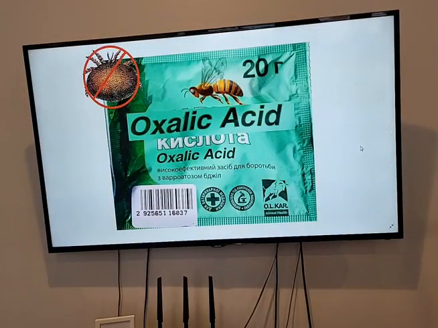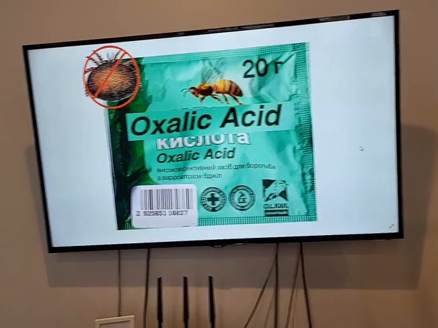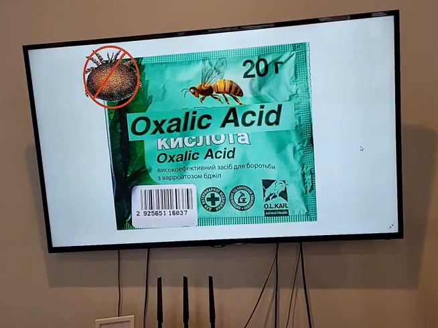Okay, this is oxalic acid. I found it on the internet. I just want to show you that in beekeeping technology, nothing is pure and nothing is so simple, because beehives have many diseases that the beekeeper has to face and has to cure the bees.